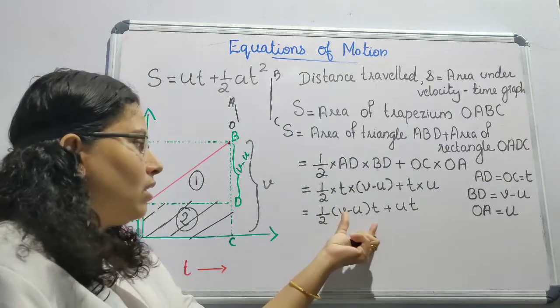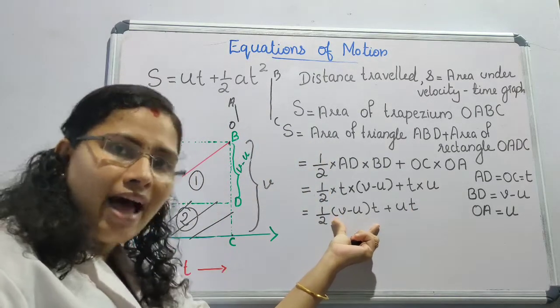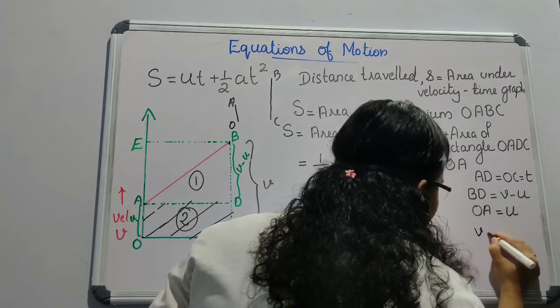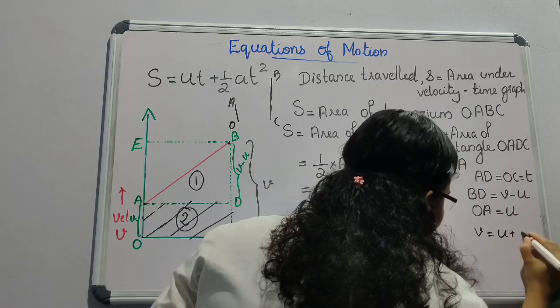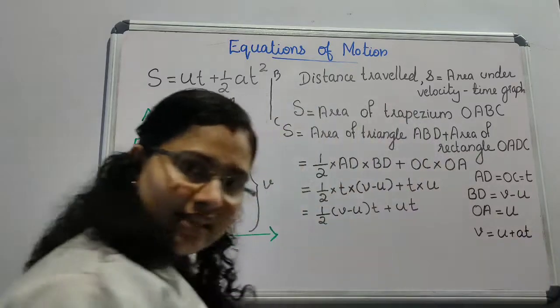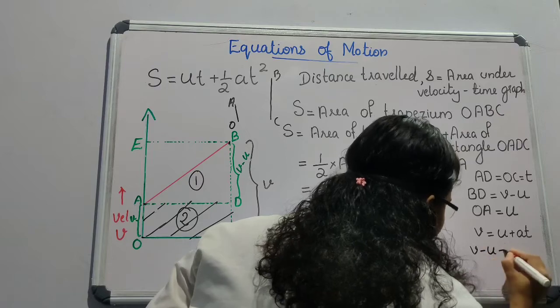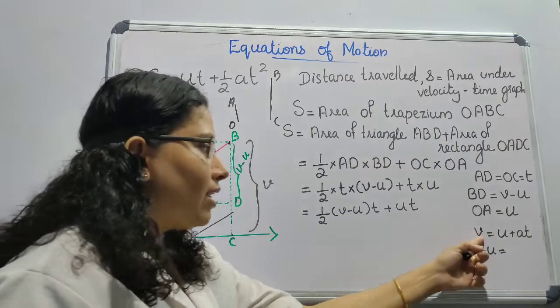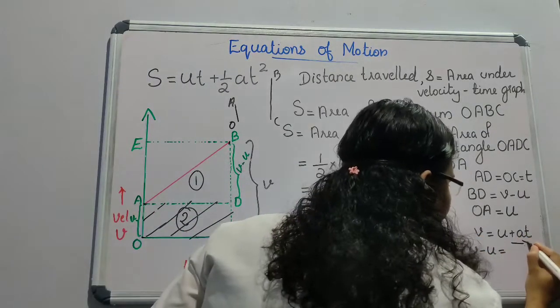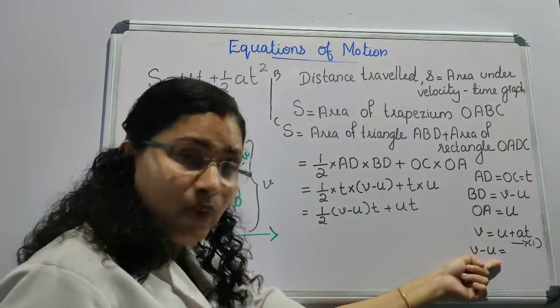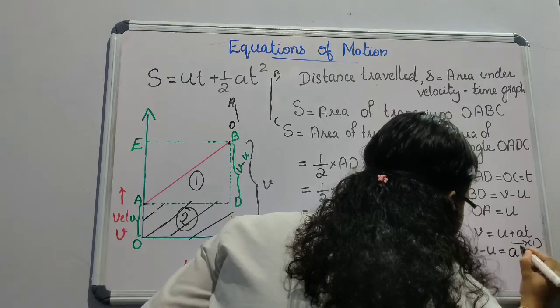From the first equation of motion, V is equal to U plus AT, we can write V minus U is equal to AT.